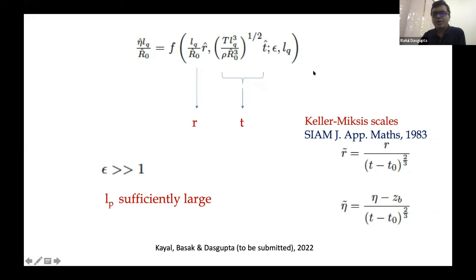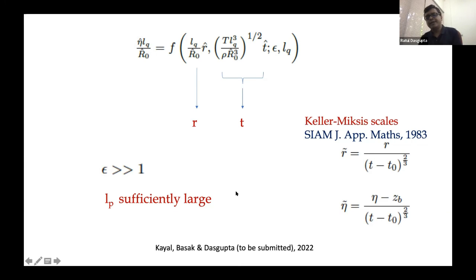Now we were interested in the question: suppose epsilon is much greater than 1 and LQ is sufficiently large. Recall that I told you that the wavelength of the primary wave, the peak to peak distance, becomes much smaller compared to the radius of the container.